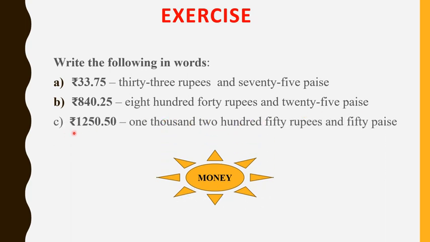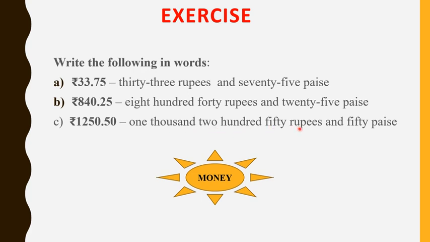Then we have rupees 1250.50. How are we going to read it? We are going to read this as 1250 rupees. This dot is going to be read as and. Then 50, and 50 is expressing what unit of money? Paise. So we will say 1250 rupees and 50 paise.